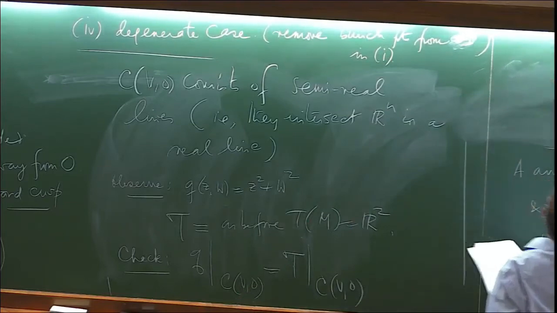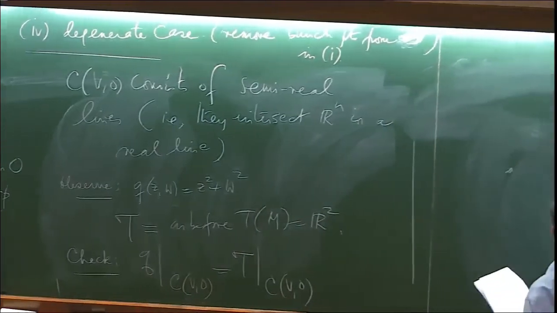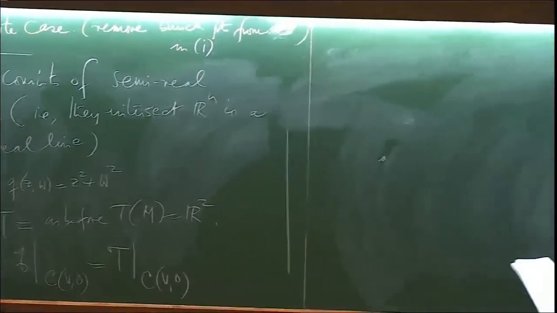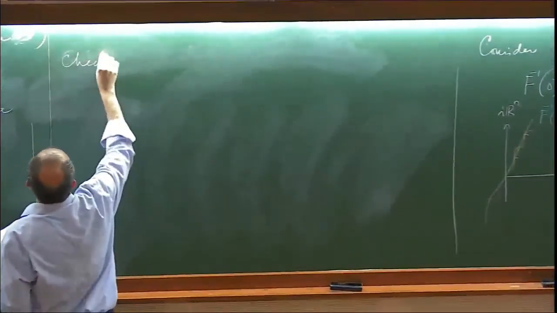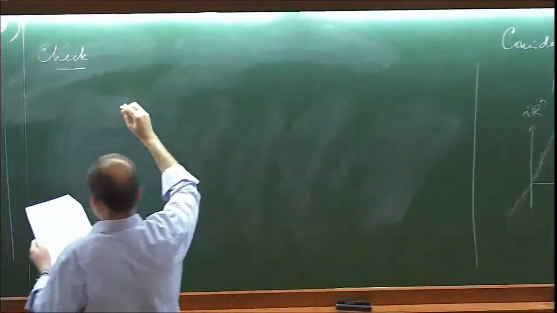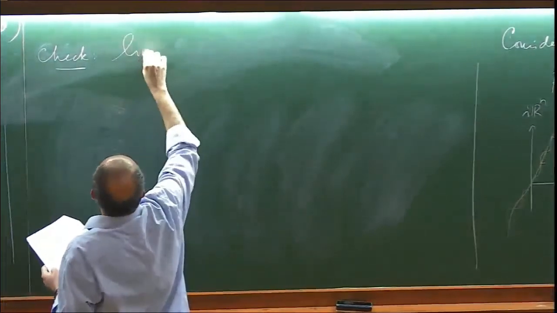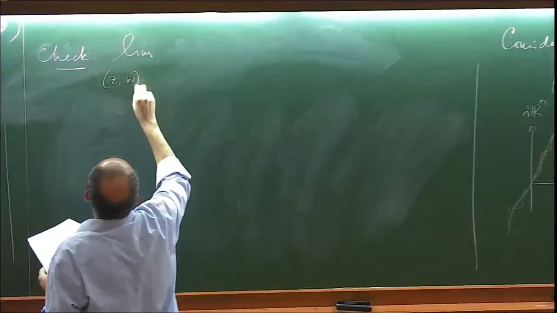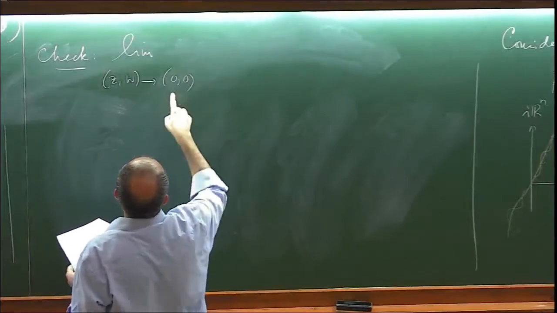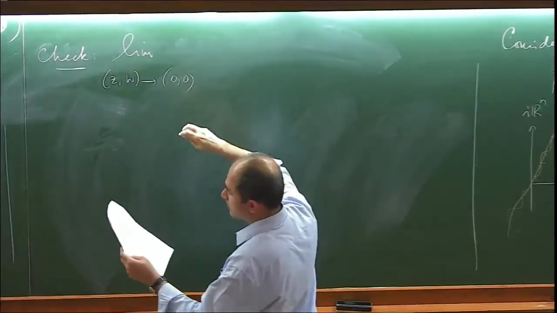Therefore, the other thing to check is that the limit as (Z, W) goes to (0, 0), this is a boundary point of the graph. Okay.